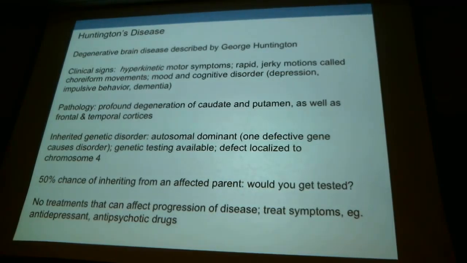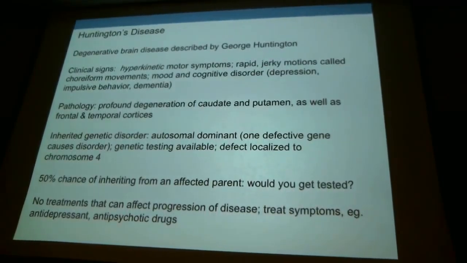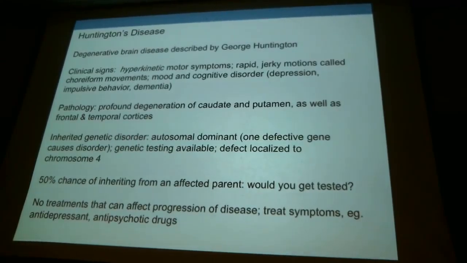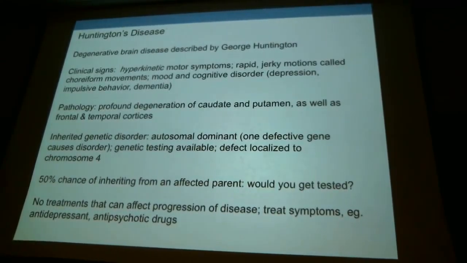And it's a genetic disorder, right? It's autosomal dominant. So if you have one of the defective genes, you are very, very likely to get Huntington's. And this is genetic testing, so it leads to a conundrum for people.